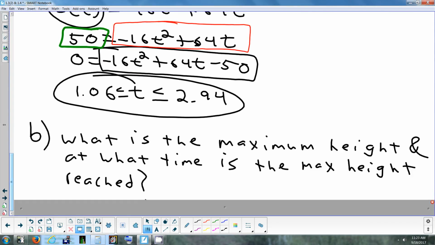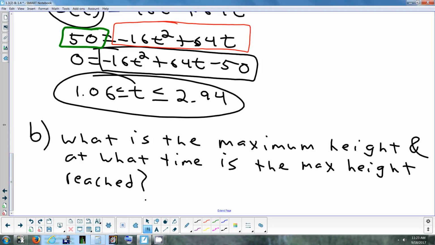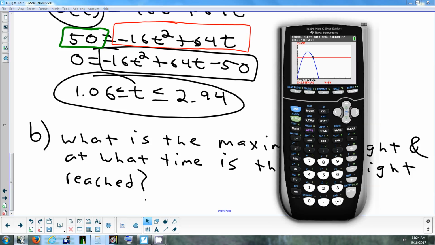Okay. So the next thing it asks is, what is the maximum height? And after how much time is it reached? Okay, so if you want to figure out the maximum height, I'm not sure we did this one last week, but you can do second calc maximum.